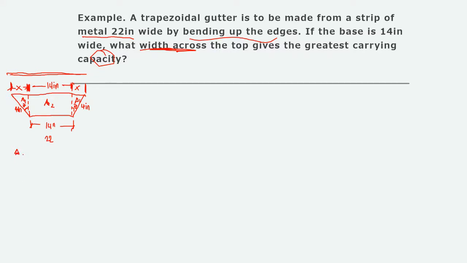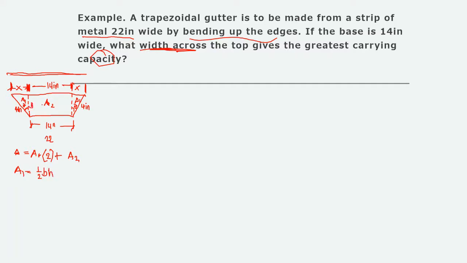The total area is equivalent to area 1 times 2, because we have two right triangles, plus area 2. We know that area 1 is 1/2 base times height.